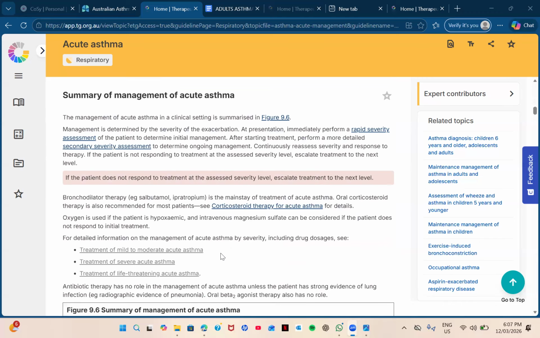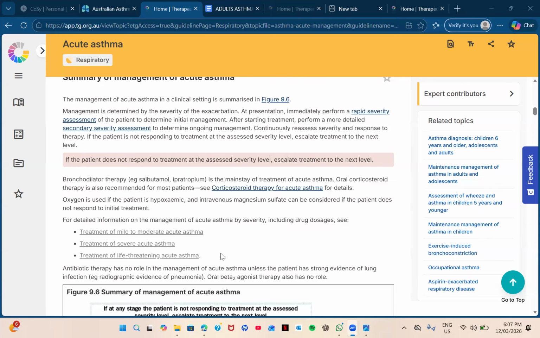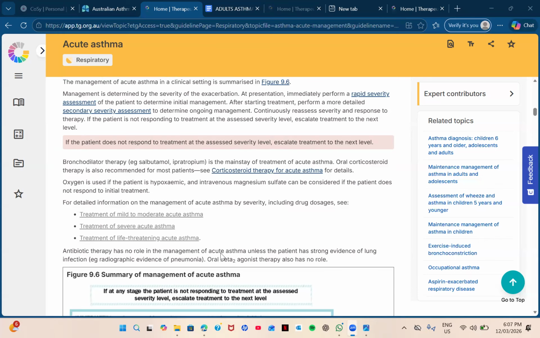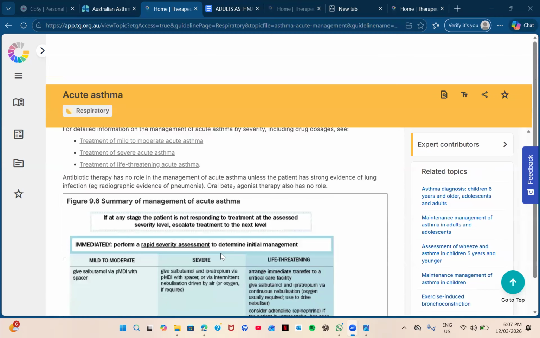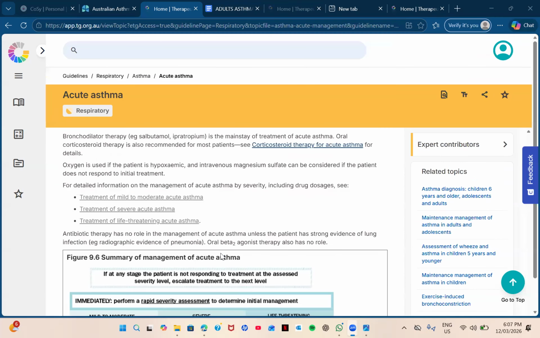So in acute asthma management, if the patient is presenting with acute asthma, first of all you should remember these things.